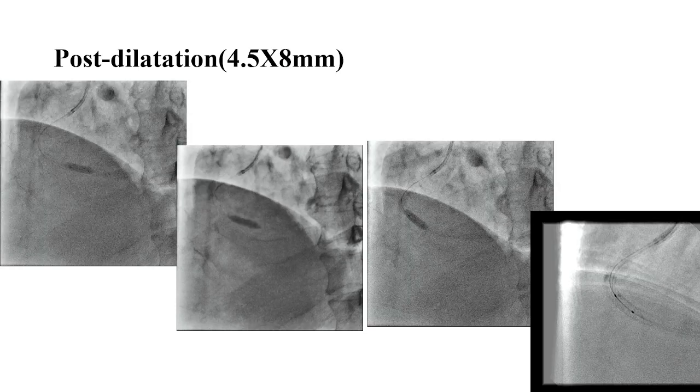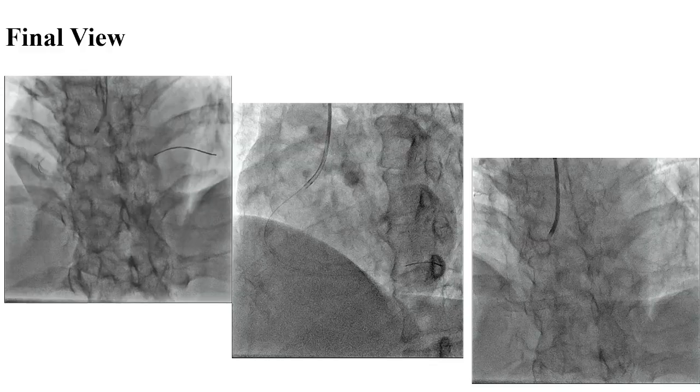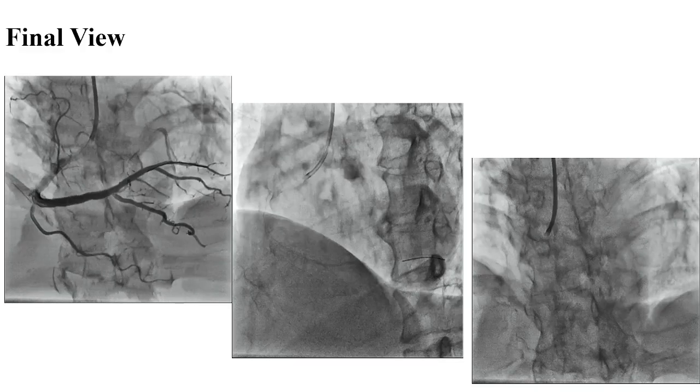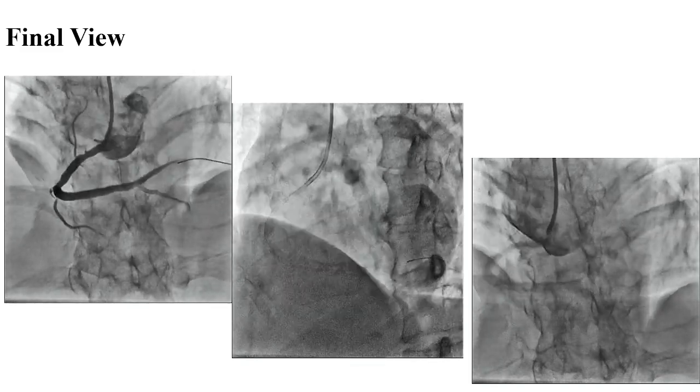We did post-dilatation with a 4.5 by 8 millimeter NC balloon, and this is the final view with good TIMI 3 flow and a good angiographic outcome of the right coronary system.